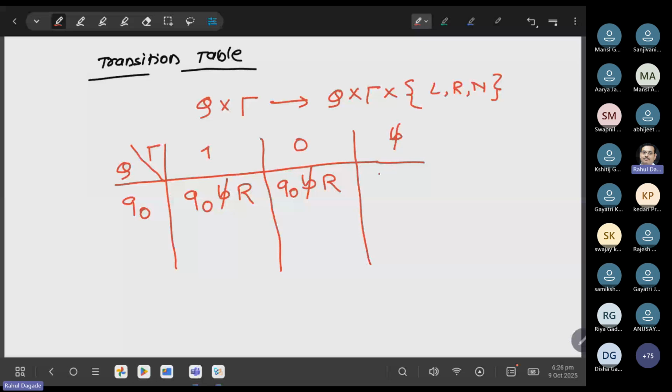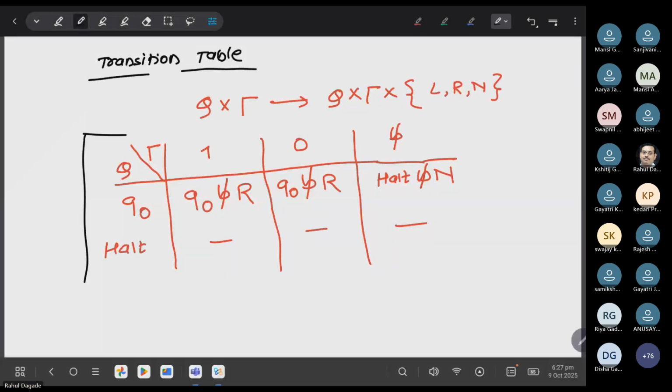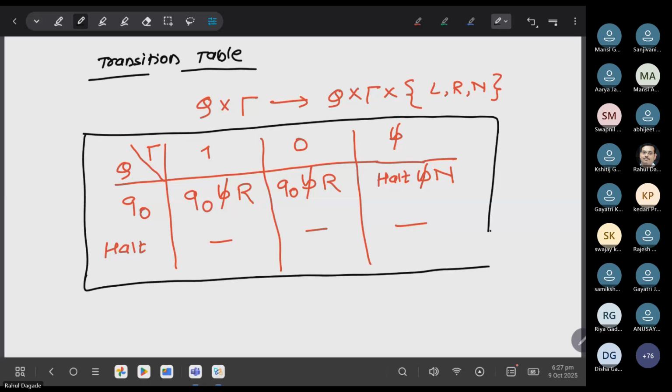Blank is kept as blank, no change, and no pointer movement, N. For the halt state, for 1 we have no action, for 0 no action, and for blank also no action. So this is the transition table. All of you note this down.